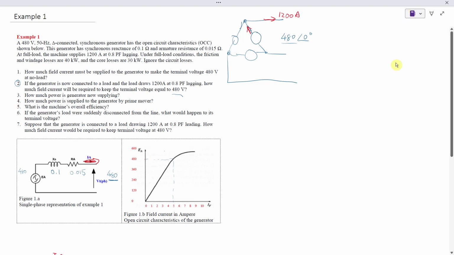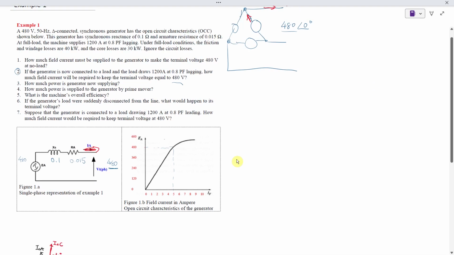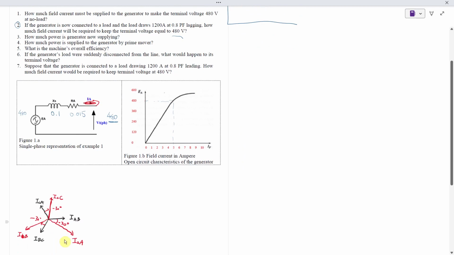If you remember, for a delta connection, from second year circuit theory, that's the line current and that's the phase current. So the phase current is smaller than the line current.